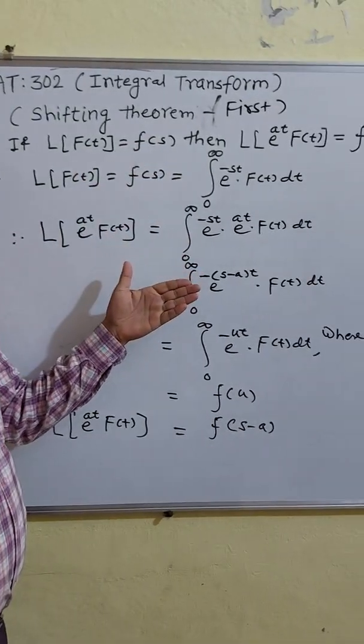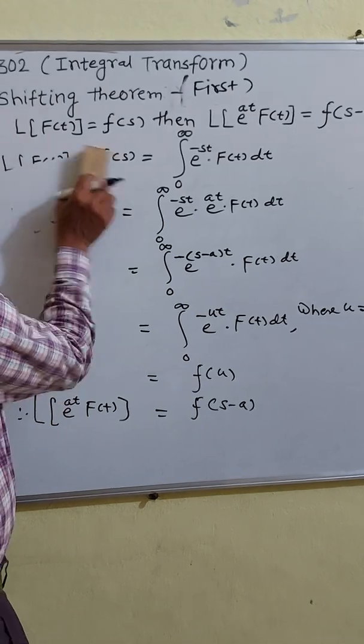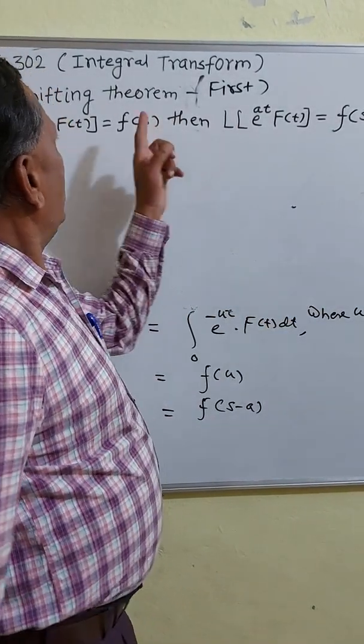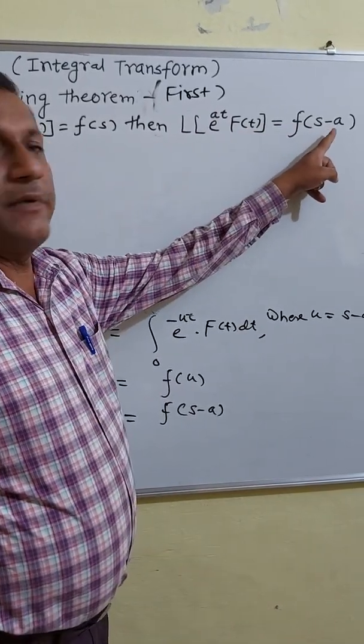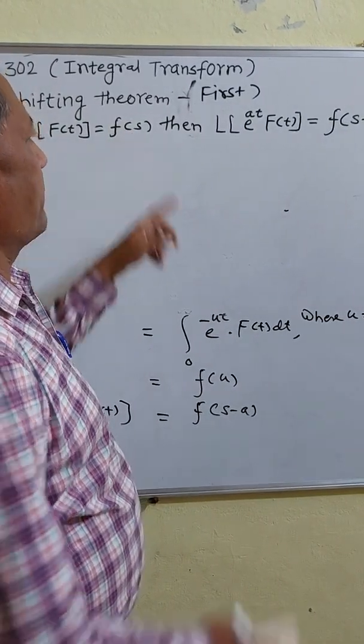Now using this shifting theorem, we see some examples. Again you remember, Laplace transform of e raised to at into f of t is equal to F of s minus a, where Laplace transform of f of t is equal to F of s.